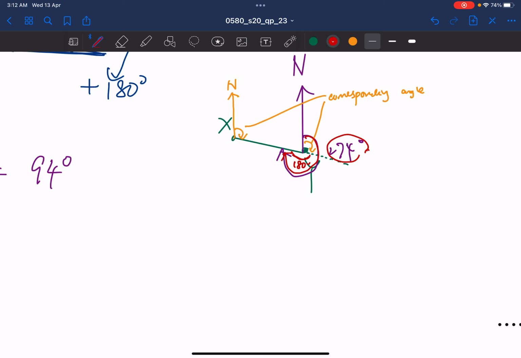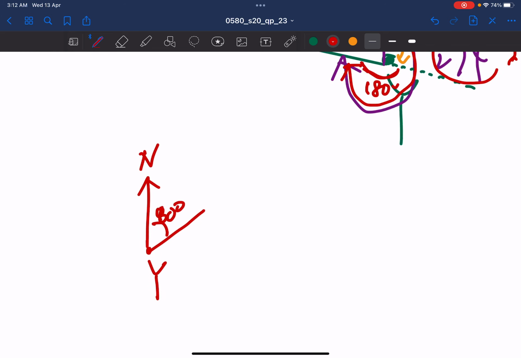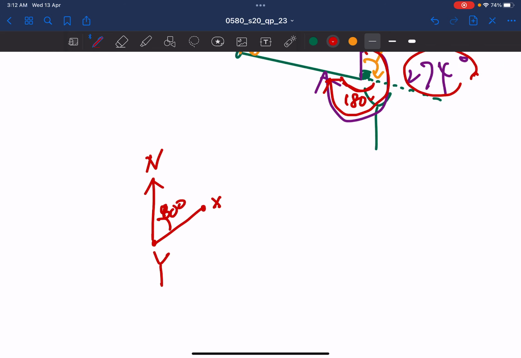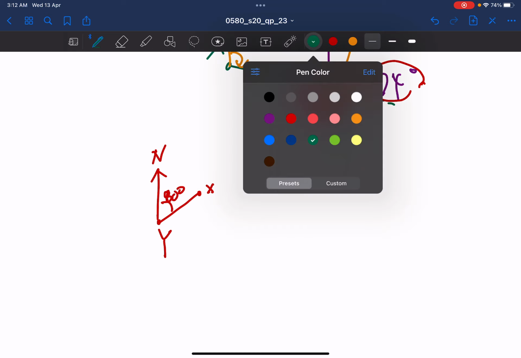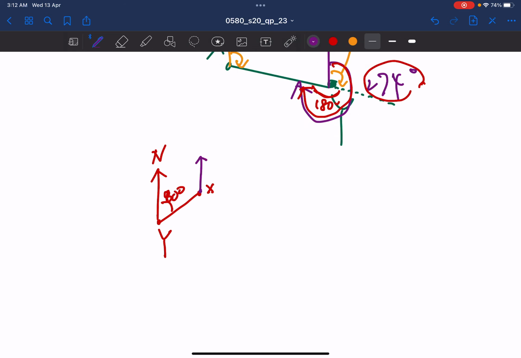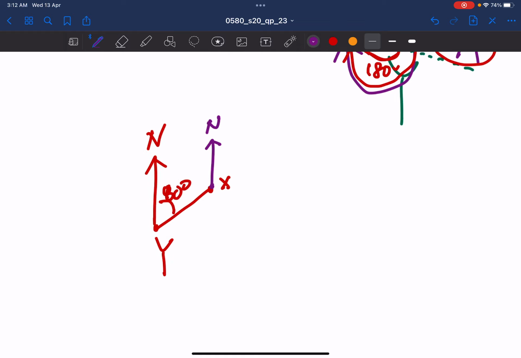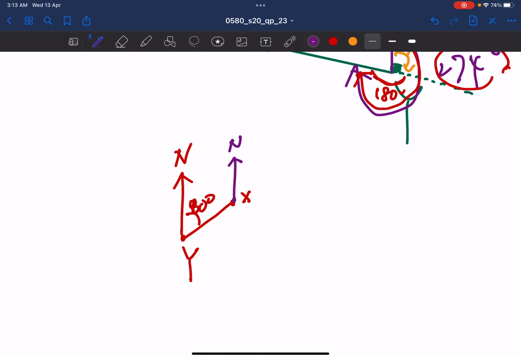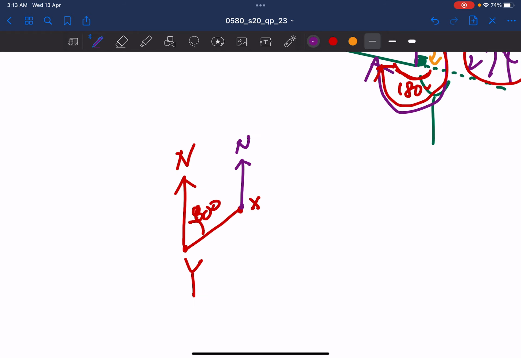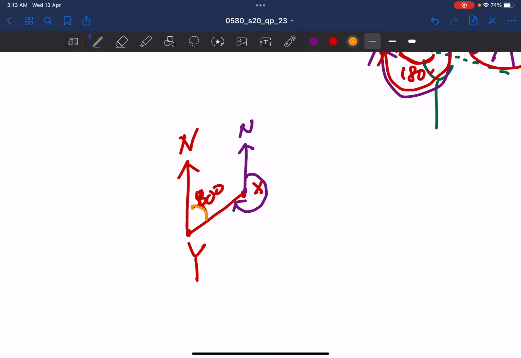But when the original bearing is less than 180, let's say x is now at 60 degrees, then for x, what is the bearing of y? The bearing of y from x is here, and we look at this 60 degrees.